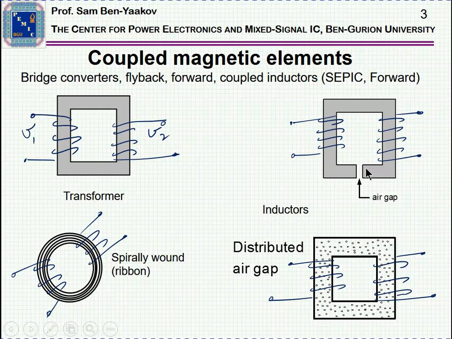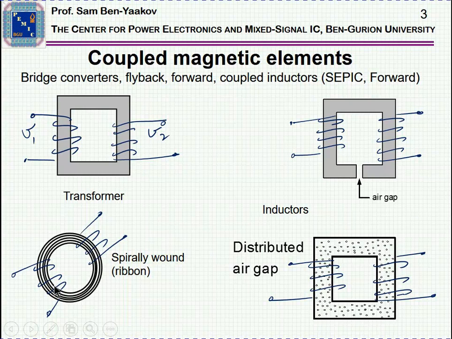In this case, we'll need a gap in order to enable energy storage within the core. Forward converters, coupled inductors, again, we'll probably need a gap, or use a powder iron core in which a ferromagnetic material is mixed with some inert material in order to lower the permeability and thereby allow storage of energy.